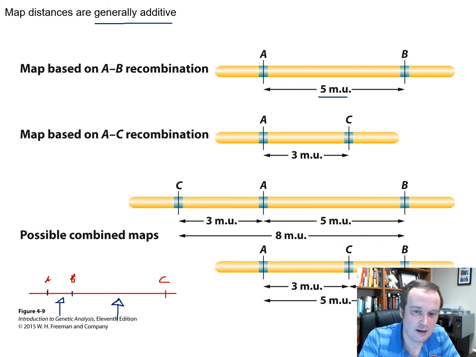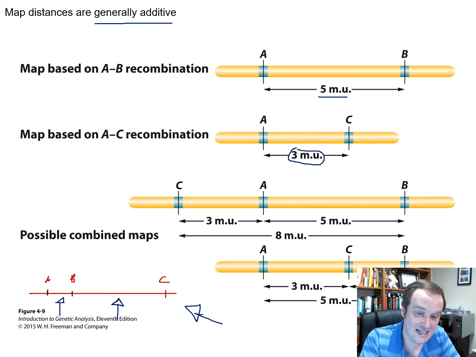So we look at individuals that have come from a mating, and we see that a certain percentage leads to a map distance of 5 between A and B. And we then look at the recombinations between genes A and C, like we had down here at the bottom, and we see that that distance is only 3 map units.